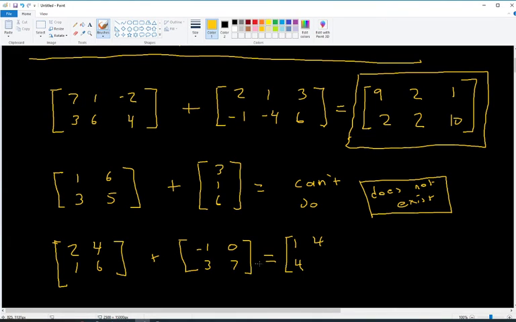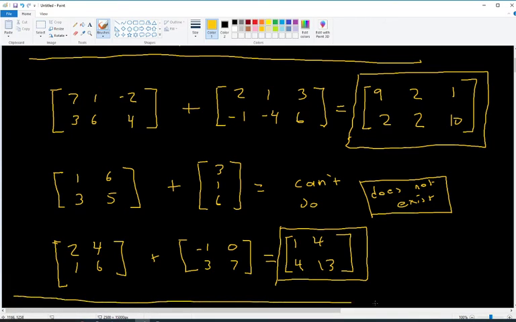And 6 plus 7 is 13. So that's addition. You just add the same position in the same matrix, and you get your answer as long as the matrices are the same size. If the matrices are not the same size, then you can't add them together. So addition is not too bad.